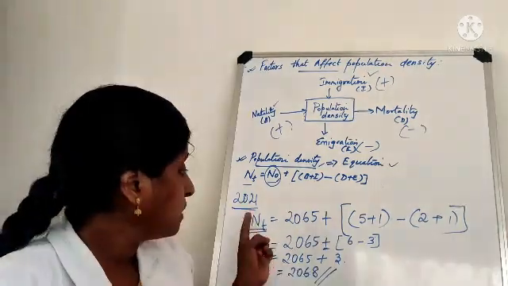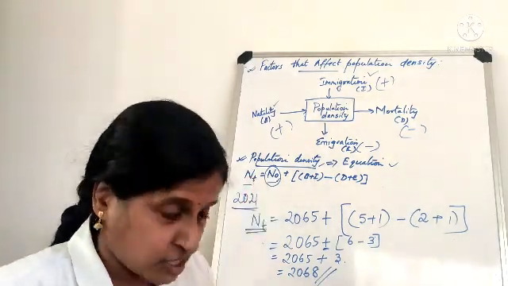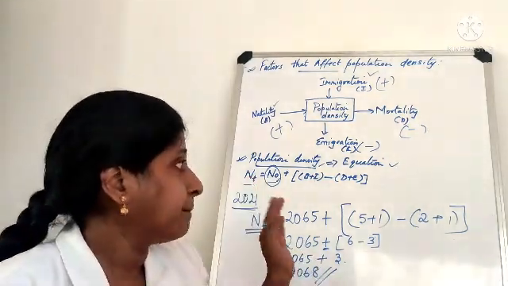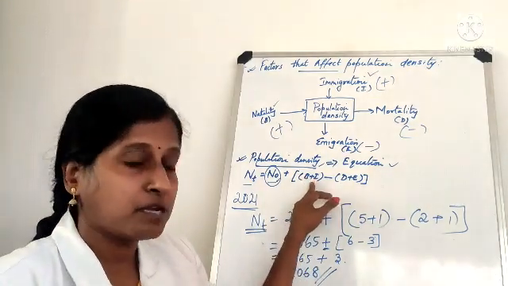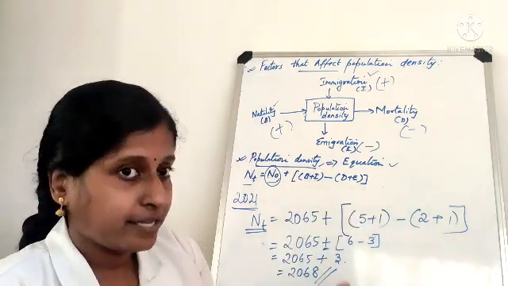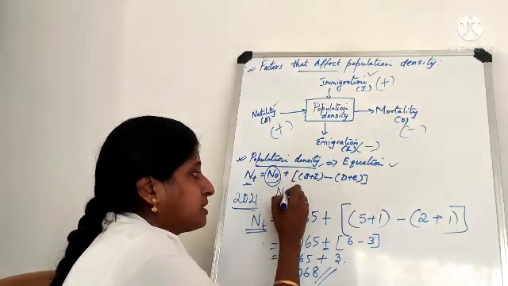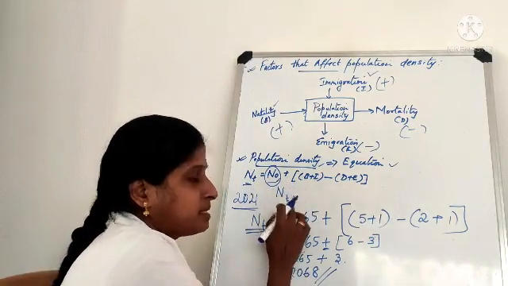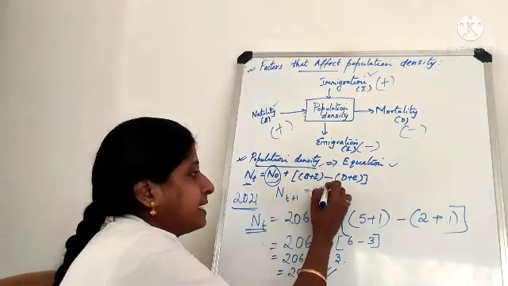So what is the equation? Population at a particular time is equal to population in the beginning, that is N0, plus B plus I minus D plus E. B is birth rate, I is immigration, D is death rate, and E is emigration. Okay, this can also be written as this formula. In some books you can see NT plus 1, which means at a particular time. Already in the beginning we are representing as NT.